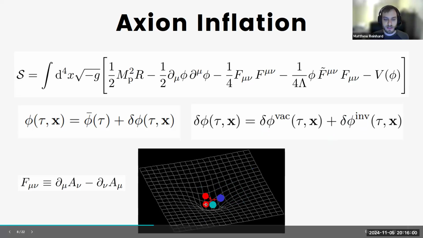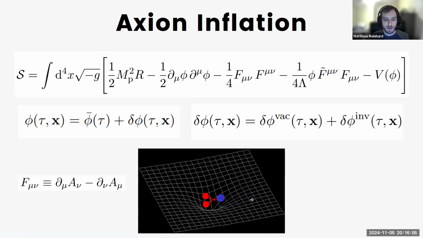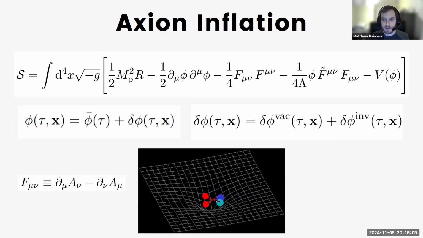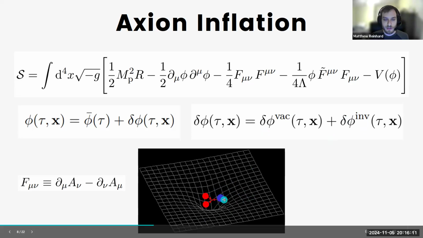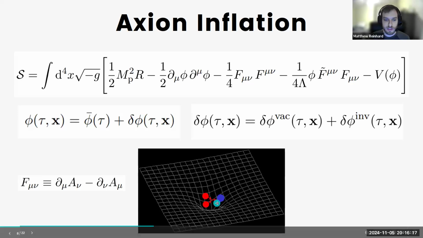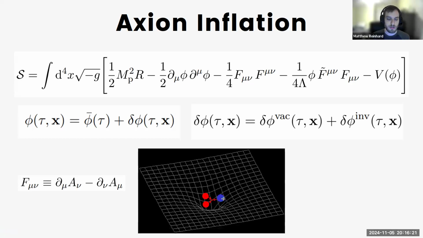So that scenario is depicted down here, where in red, those will be the gauge quanta. They combine and form axion particles. And these fluctuations in the inflaton field correspond to fluctuations in the energy density in some region in space, which correspond to curvature perturbations, which we will talk about in a moment.